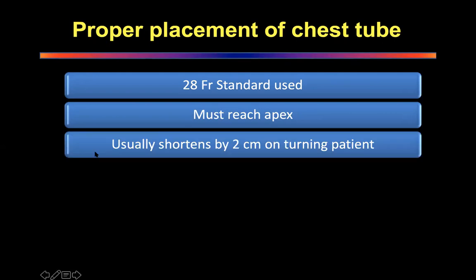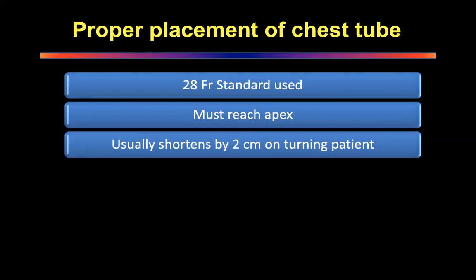You must remember that any drain that you put in, no matter how well you tie it, when the patient is turned from a lateral thoracotomy position to a supine position, there is a pull on the skin and the fat, and all drains shorten by 2 centimeters. As a rule, they shorten by 2 centimeters. So whenever I am doing VATS lobectomy or something, my juniors will tell you, I will always oversize the drain, which means the tip of my drain doesn't reach the apex.